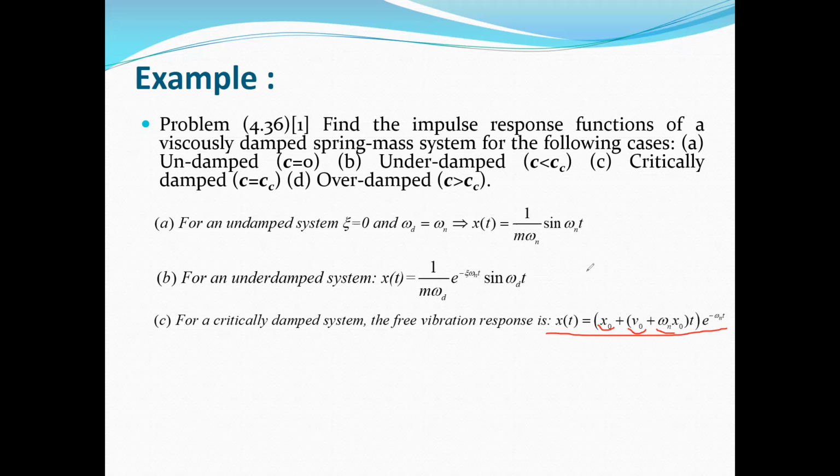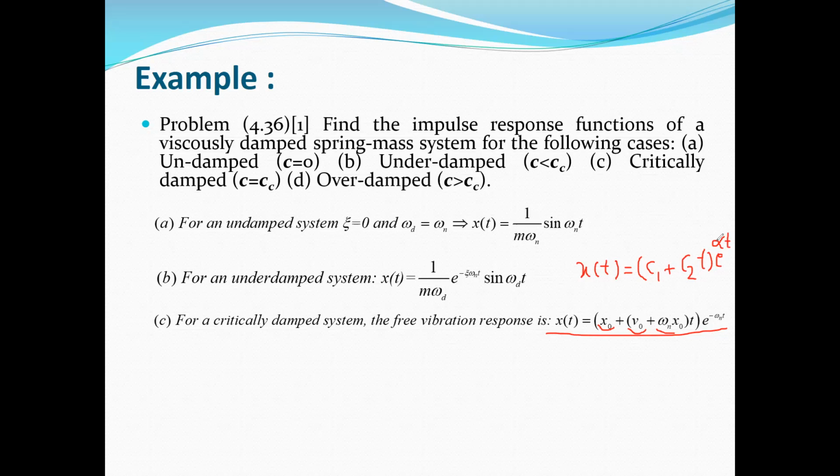Once again, just to remind you, x(t) for a critically damped system was equal to c1 plus c2 times t, times exponential alpha t, where alpha was the root of the characteristic equation.